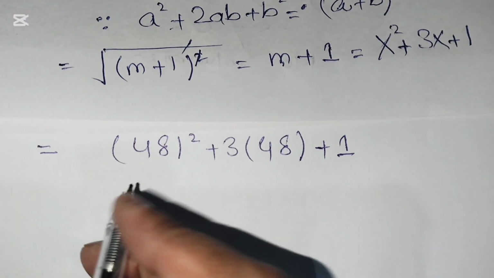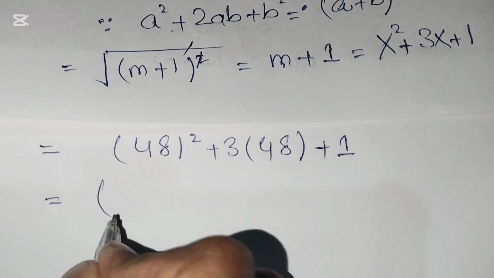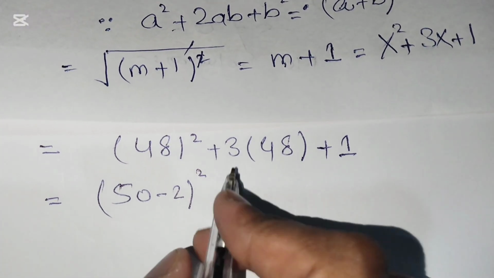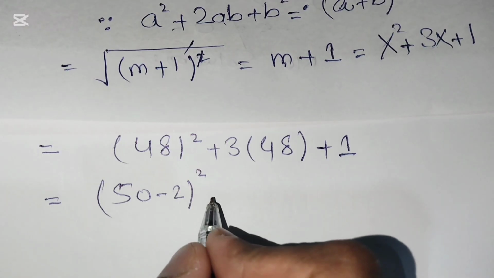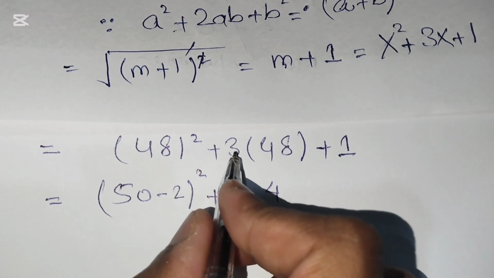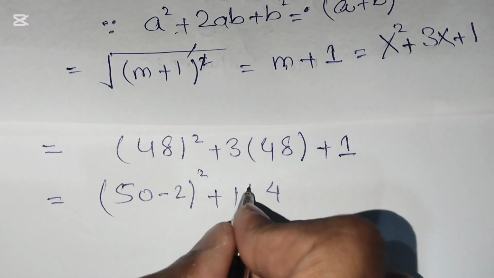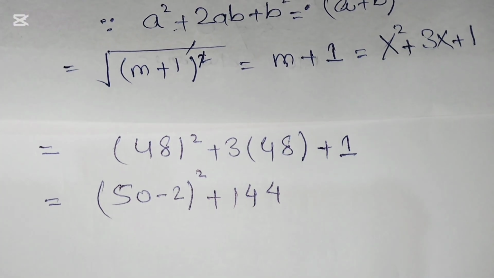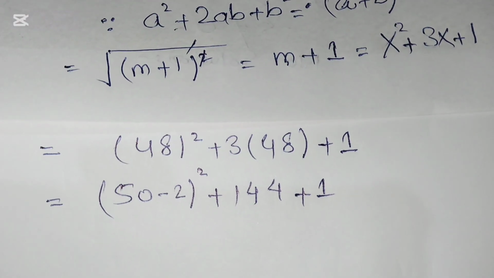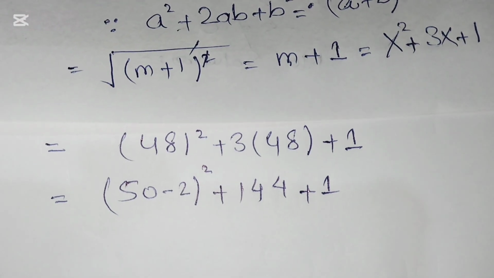We can write this 48 as 50 minus 2 whole square, plus 3 into 48, which is 144, plus 1. We are doing this because we are not using a calculator.